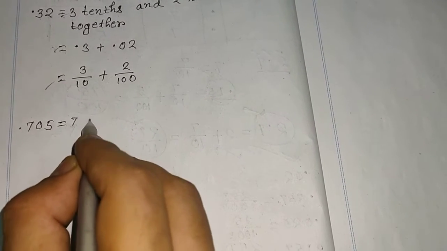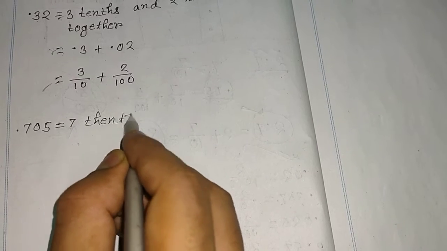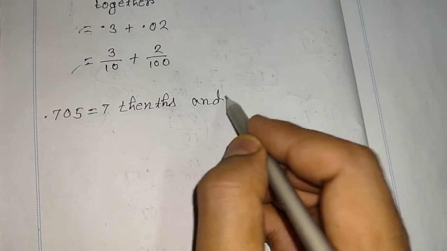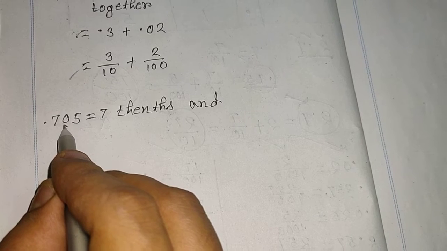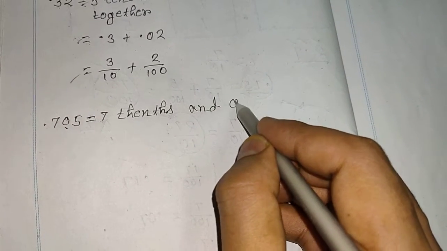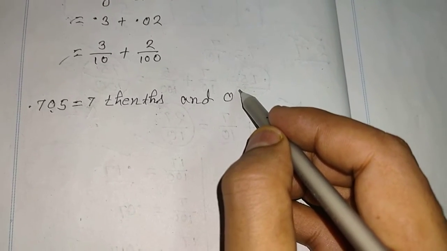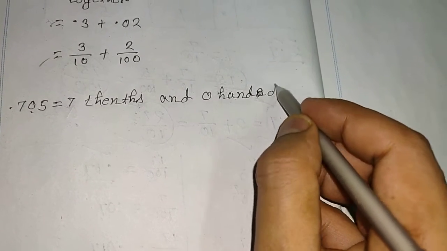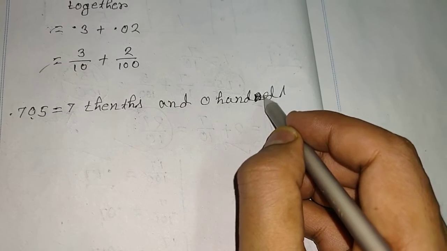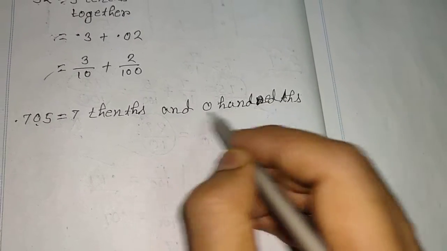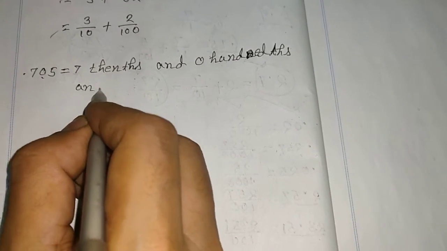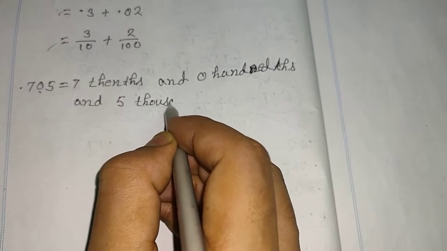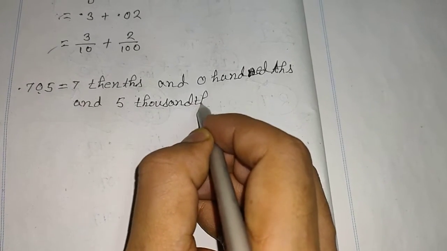So here 7/10, and here 0 is in the hundredths place, so we write 0 hundredths. Sorry, hundredths, and 5 thousandths together.